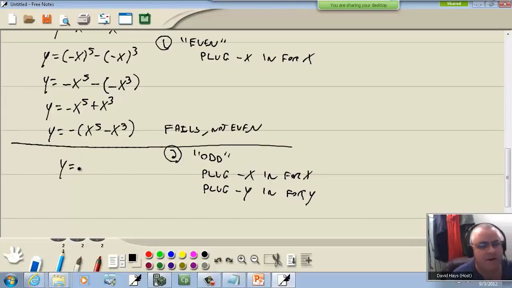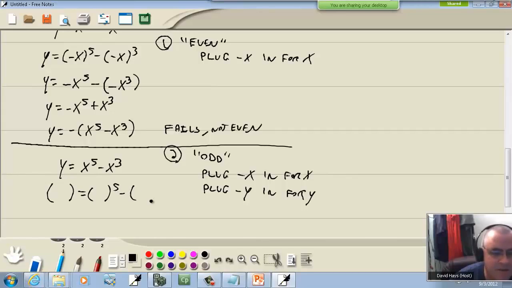So y equals x to the fifth minus x to the third, and where our variables are, we're going to put in parentheses. We'll plug negative x in for the x, and negative y in for the y.